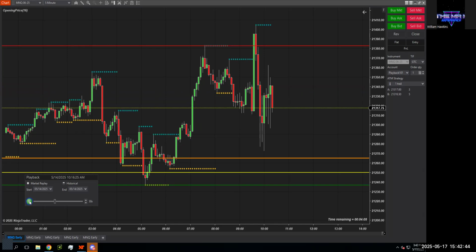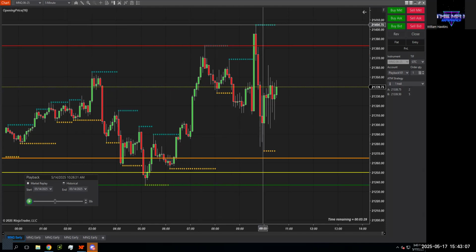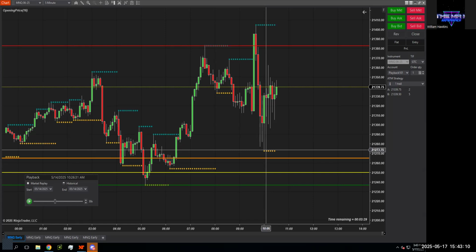This is what you would call a narrow range trading day. Now, see how it created that swing high and that swing low?